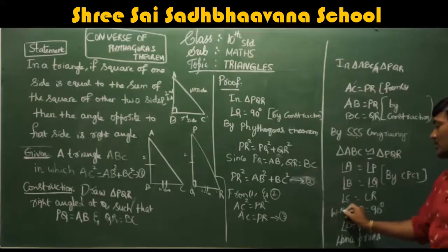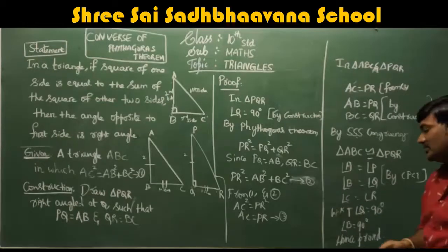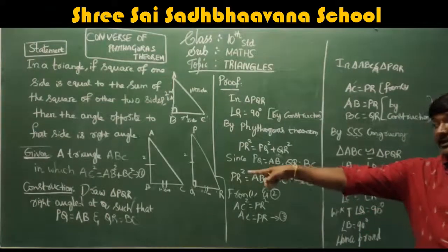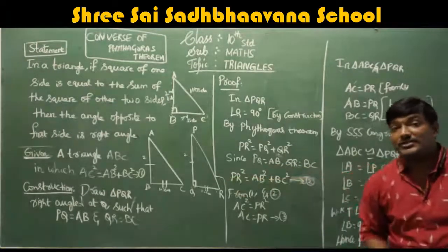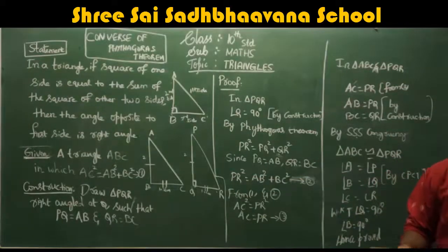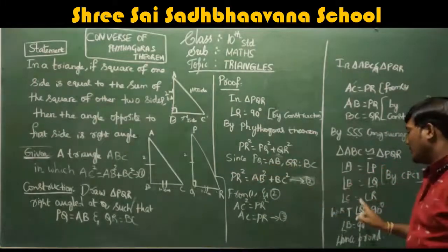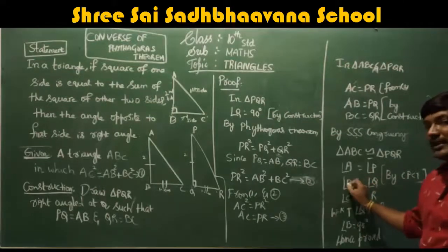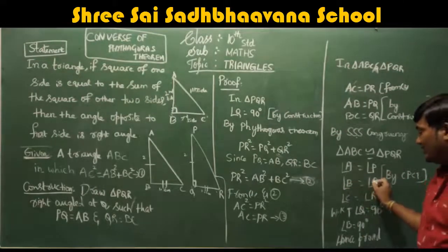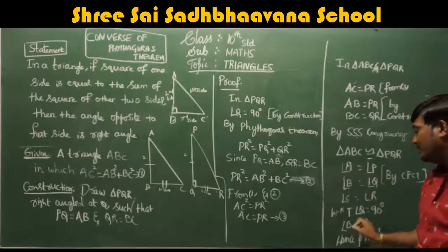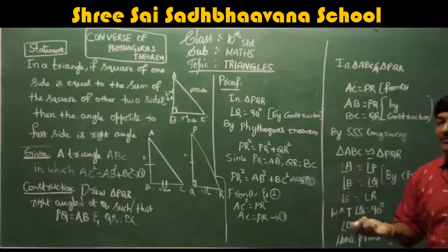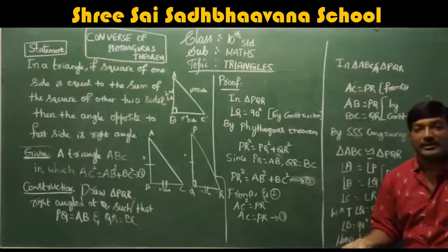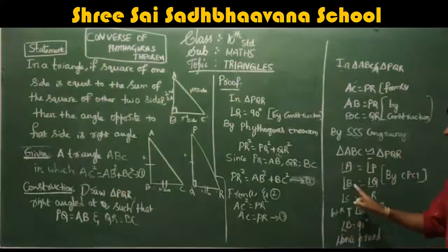So we know that angle Q is equal to 90 degrees, because we already constructed it like that. Clearly in the construction we specified it is a right angle at Q. If angle Q is 90 degrees, angle Q is equal to angle B. Correct? If Q is 90 degrees, even angle B should be 90, because both are equal.